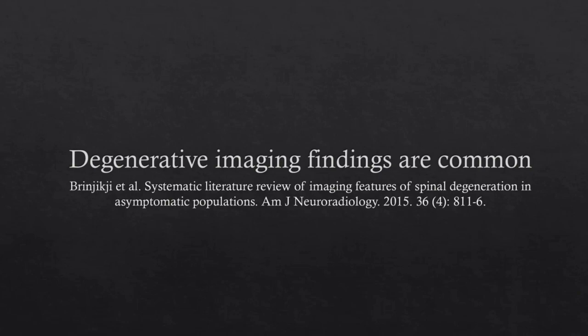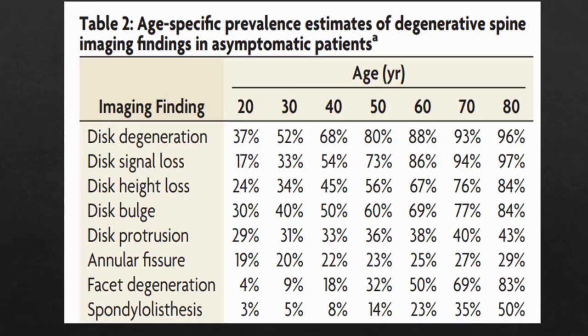And what you can see in the results is that as one gets older, yes, the extent of findings on an MRI continually increases, to the point where in your 70s and 80s you're almost destined to have them. On this slide, about three quarters of the way down, annular fissure: in 20-year-olds it's a common finding of 19%, and it gradually increases to 29% in an 80-year-old.